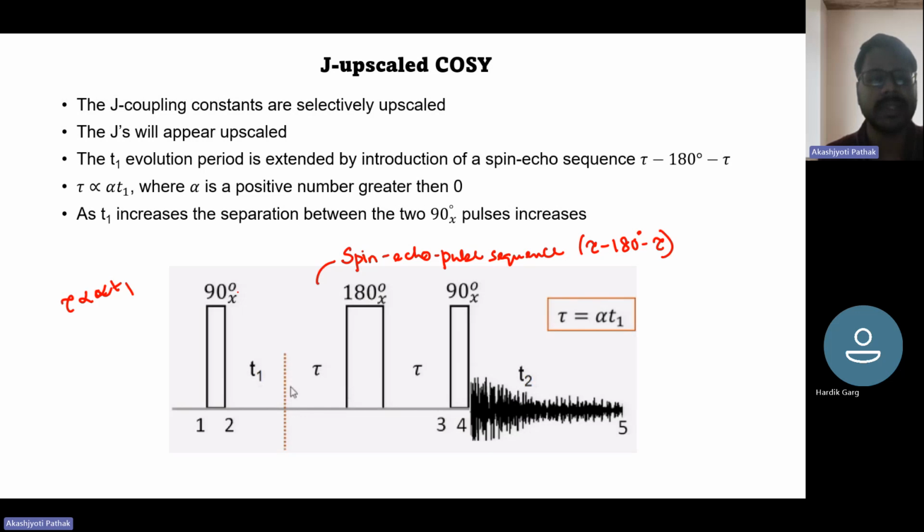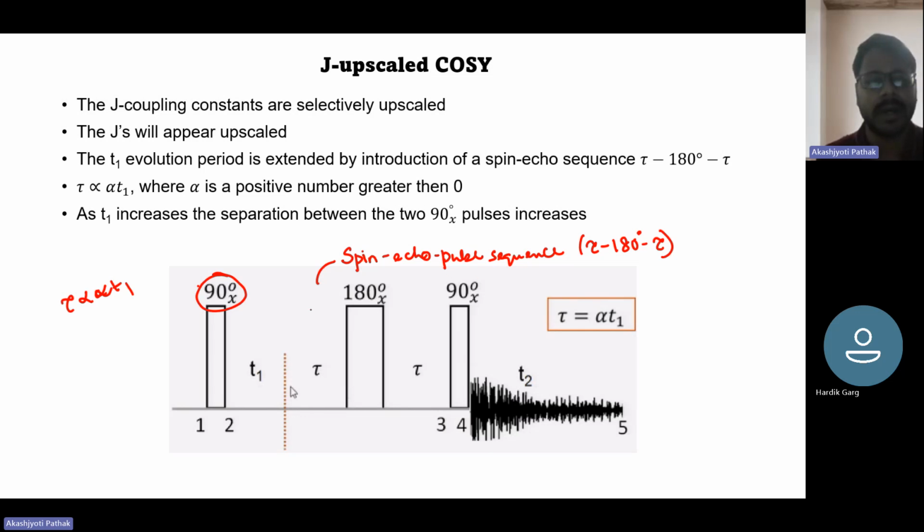So the separation between this 90-degree X pulse and this 180-degree X pulse will also increase, and similarly the separation between the other 90-degree X pulses will also increase.